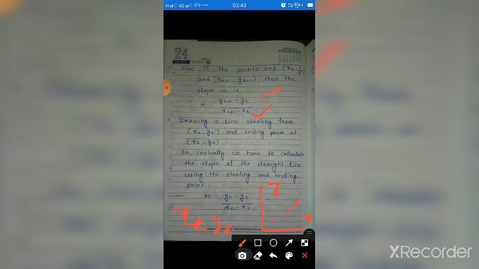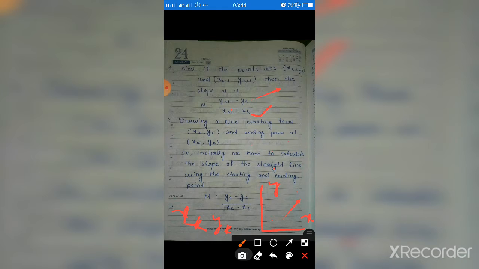Drawing a line starting from xs, ys and ending at xe, ye. Suppose the first starting point is xs, ys and the ending point is xe, ye. Initially we have to calculate the slope of the straight line using the starting and ending points.